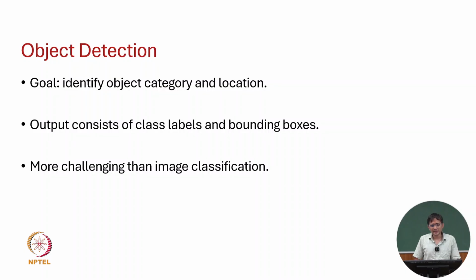Whereas in this particular case, we are just confining ourselves to objects of interest, and corresponding to those, we are trying to find bounding boxes and those bounding boxes' categories. The output consists of class labels and the bounding boxes. It is indeed more challenging than mere image classification, where we are just trying to assign a single label to the entire image.